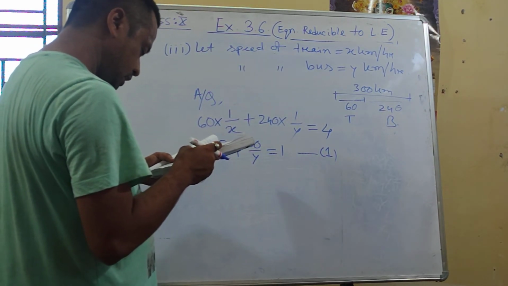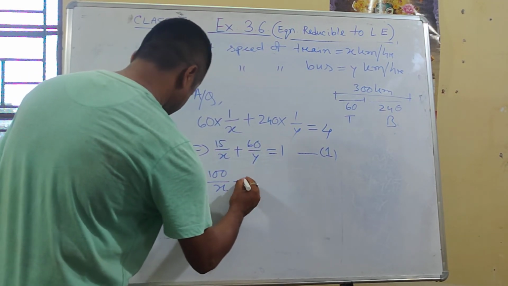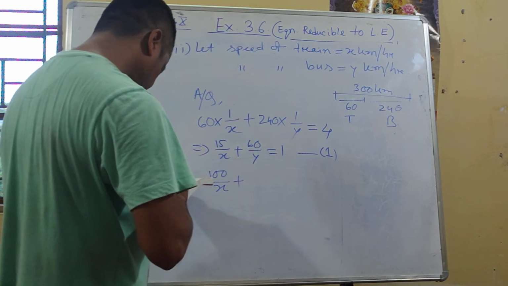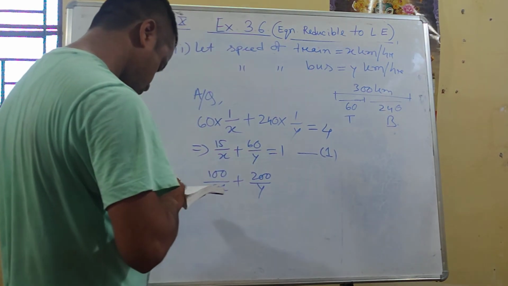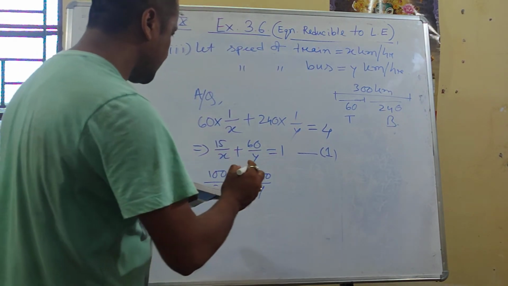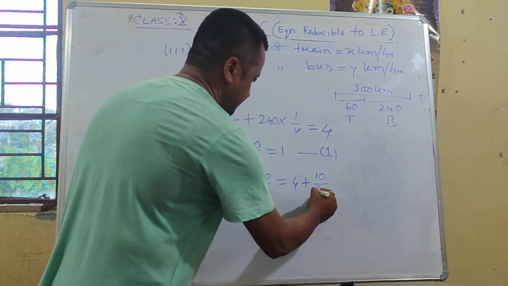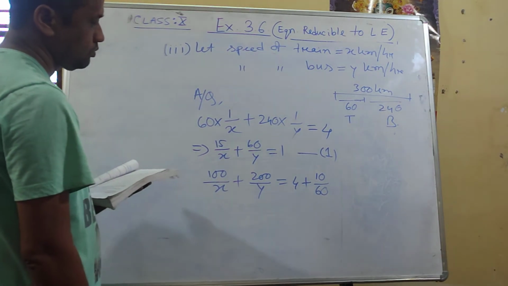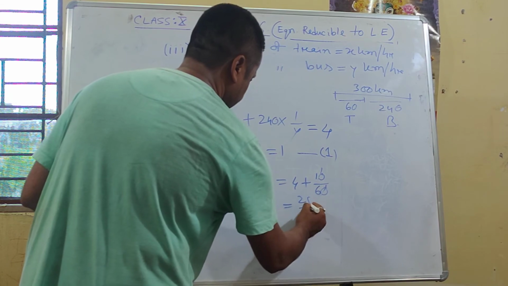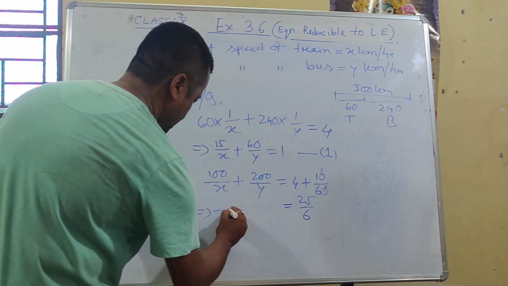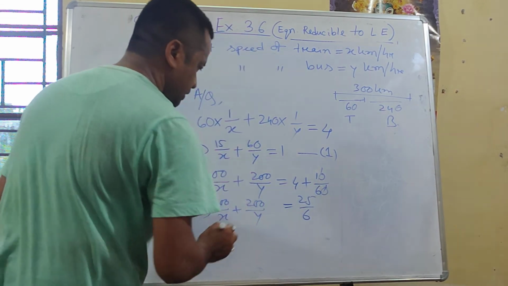Secondly, if she travels 100 kilometer by train, it becomes 100 by x plus the remaining 200 by y. She takes 10 minutes longer, so it is 4 plus 10 by 60, which is 25 by 6. So 100 by x plus 200 by y is equal to 25 by 6.